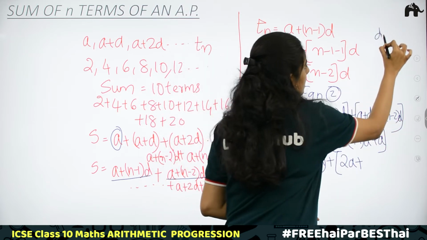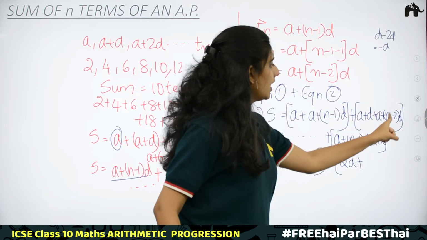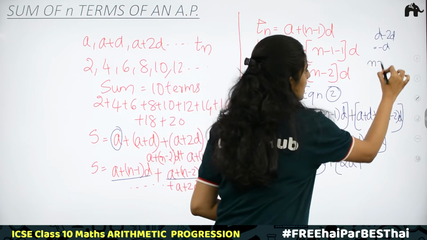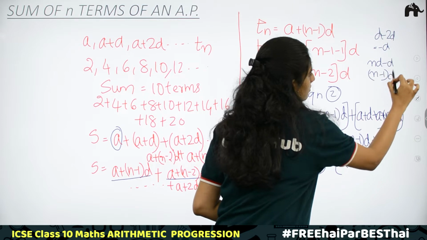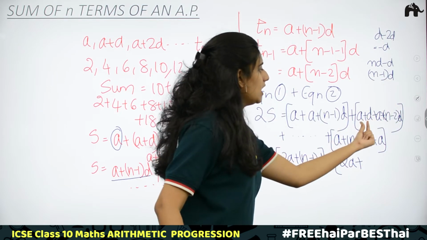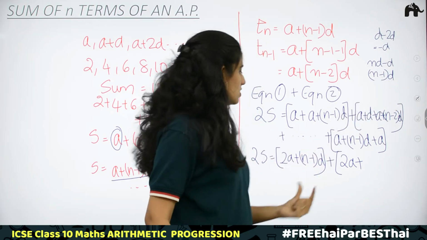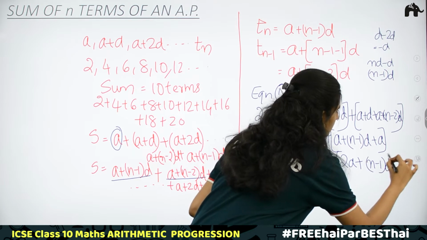Then we have n into d, nd. Nd minus d, (n minus 1) into d. So d plus (n minus 2) into d is (n minus 1) into d. Understood? Therefore, here we can put (n minus 1) into d.